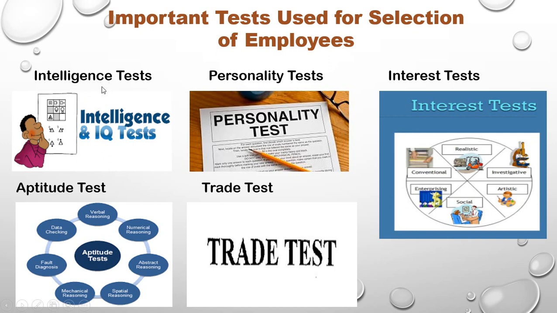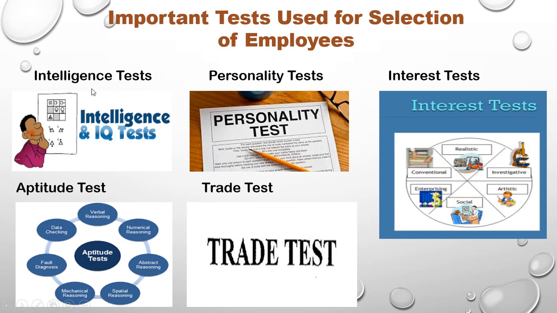First one is intelligence test, second is aptitude test, third personality test, fourth trade test, and the last one is interest test. Now, I'll be explaining all these tests one by one in detail. These tests are taken so that we select the best and the most suitable employee for the organization.